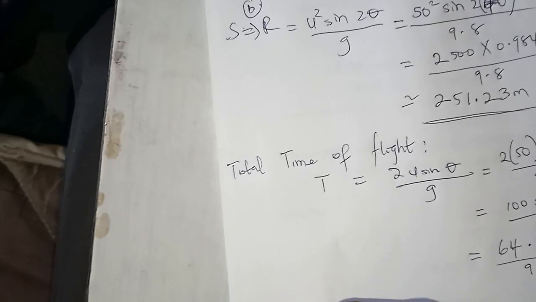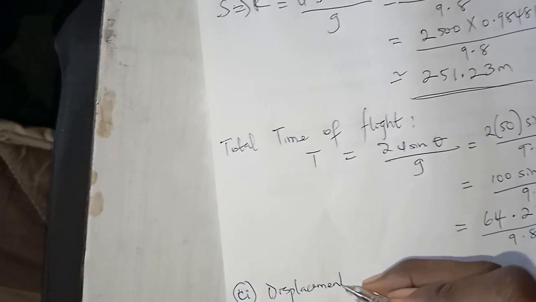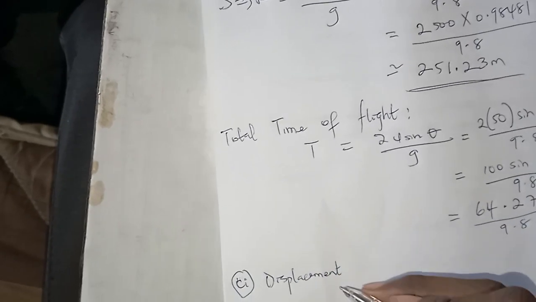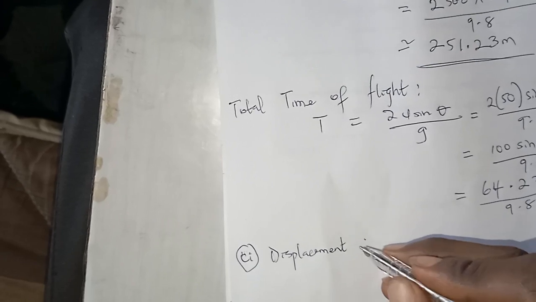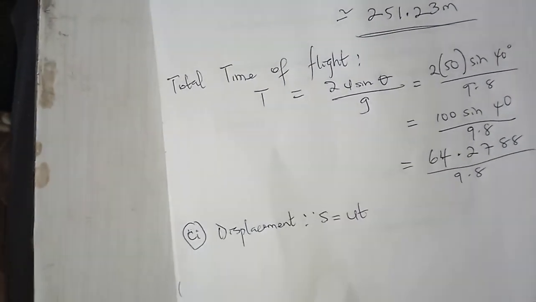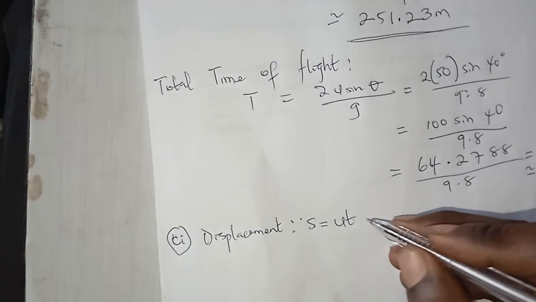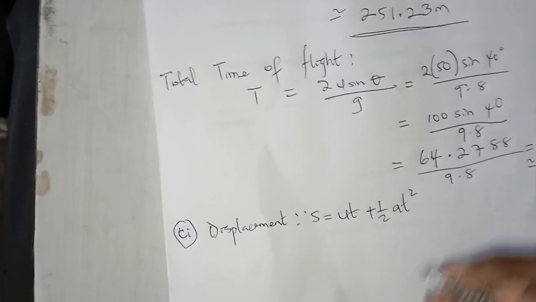So we know that displacement, from s equals ut plus half at squared.